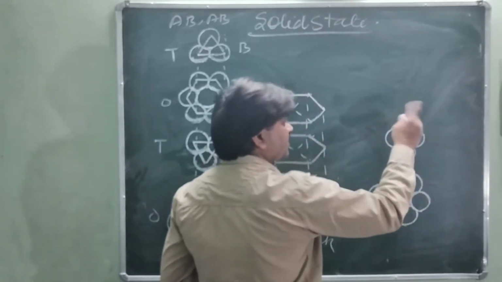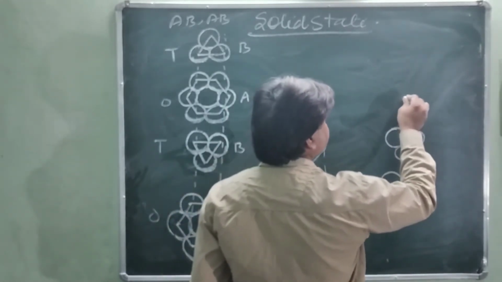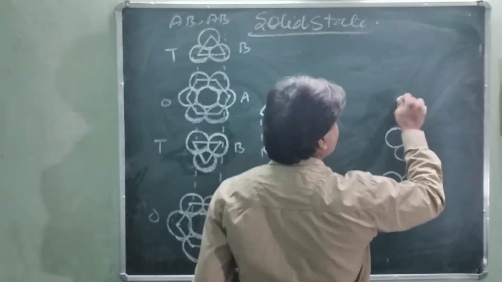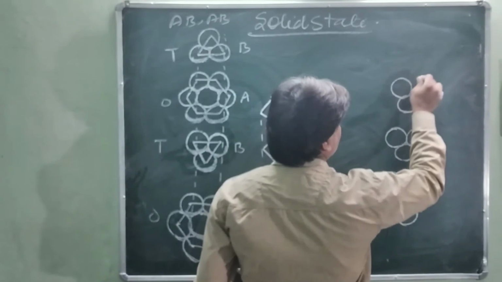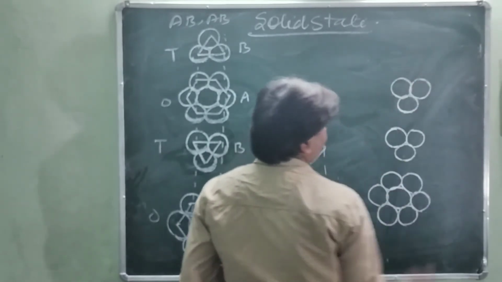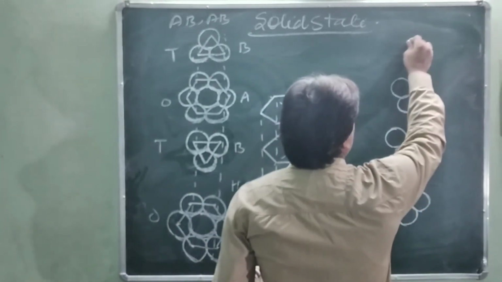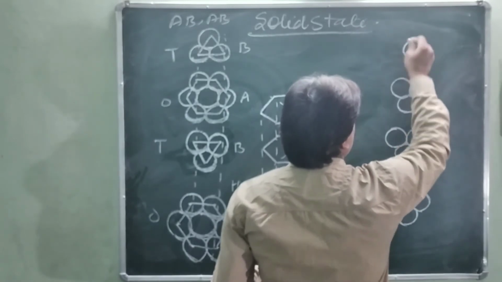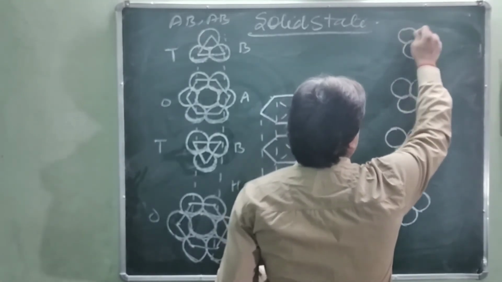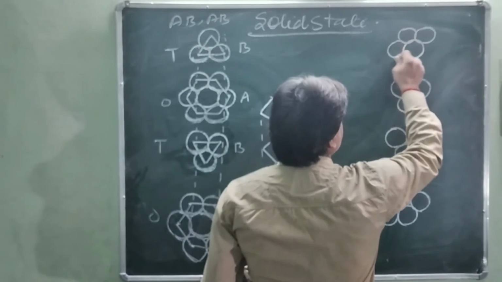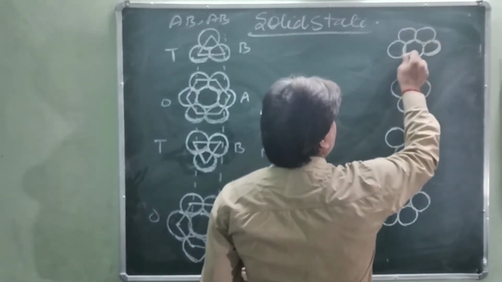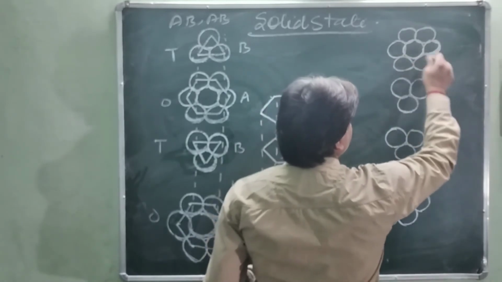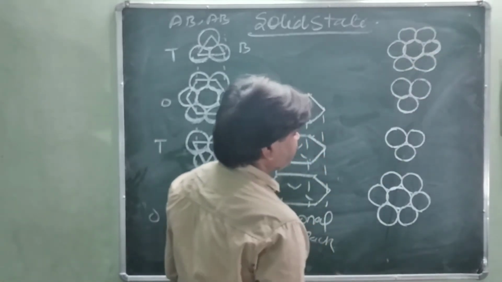Now further not octahedral, further tetrahedral. Now again octahedral. So their structure is CCP type or FCC type. Their structure is CCP type or FCC type.